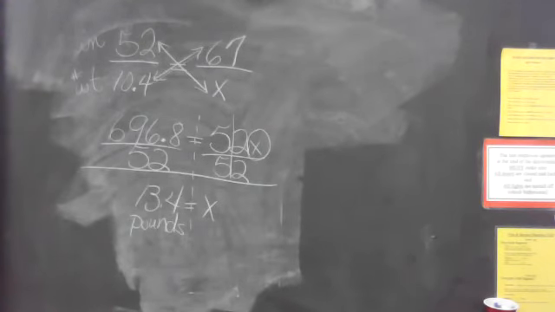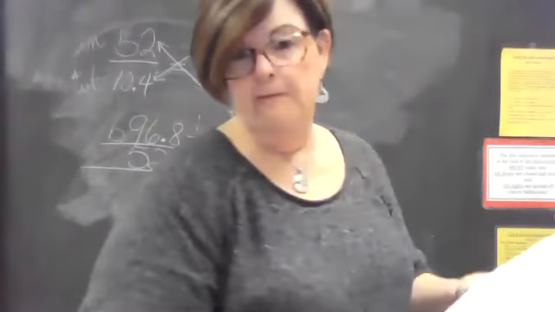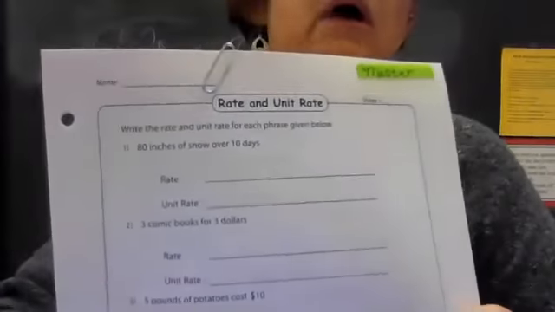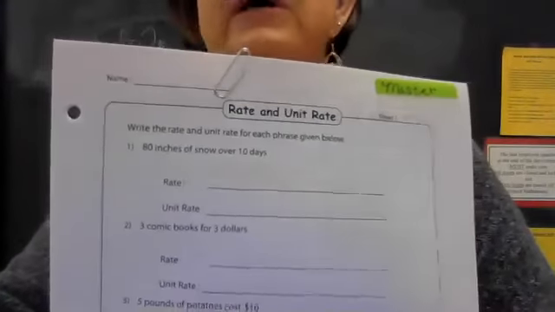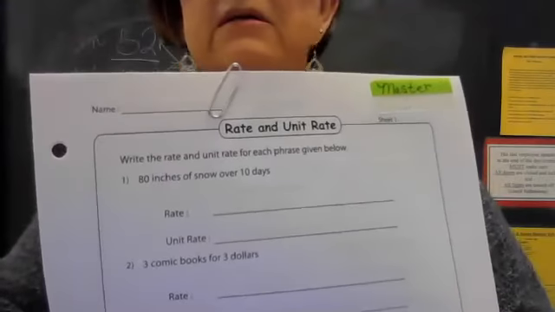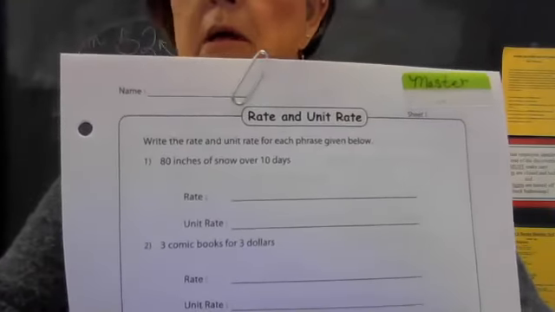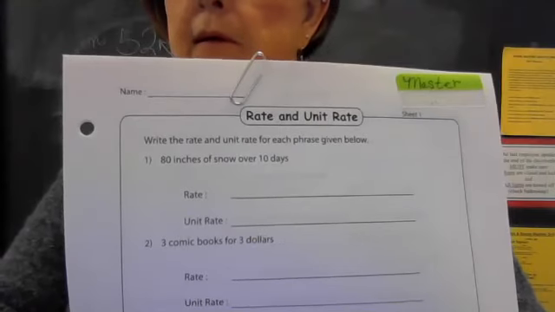Now we're going to go to packet 2. And you started working in this also. I will review with you and tell you that unit rate means how much for one. How much for one, okay?